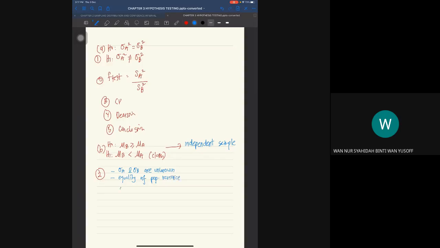So whether we have equal or whether we have not equal. In this case, equal, how do we know this condition? Is it stated in our question?